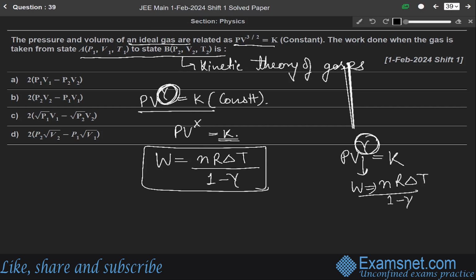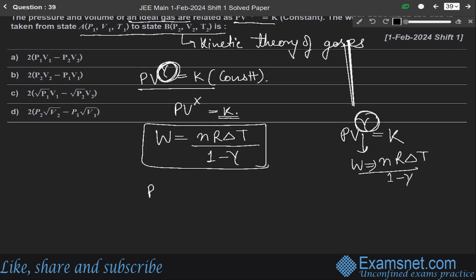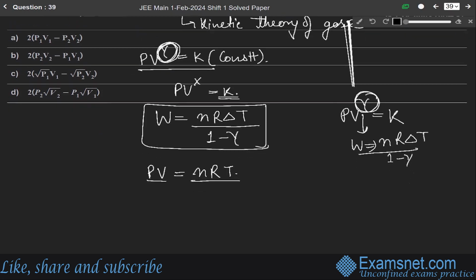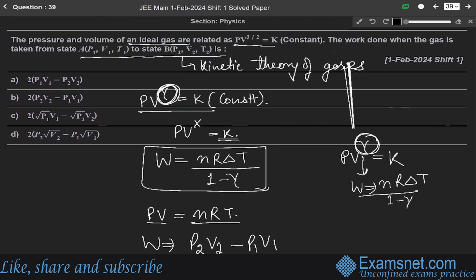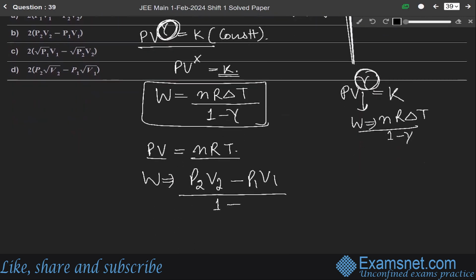Now for an ideal gas, we know that PV equals to nRT. So in place of nRT, we write PV. Since there is change in the temperature, so we can write W is equals to P2V2 minus P1V1 over 1 minus gamma. And gamma is given as what? 3 by 2.